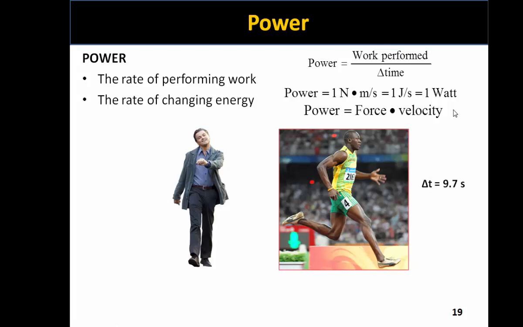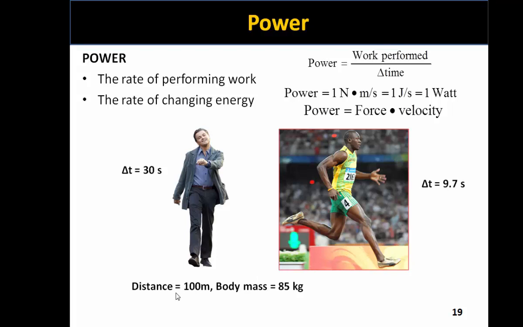If we take a look at two individuals here, the individual on your right will complete the running of a prescribed distance in 9.7 seconds. This person doesn't seem to be in as much of a hurry, but completes the same distance. Both are moving across 100 meters.